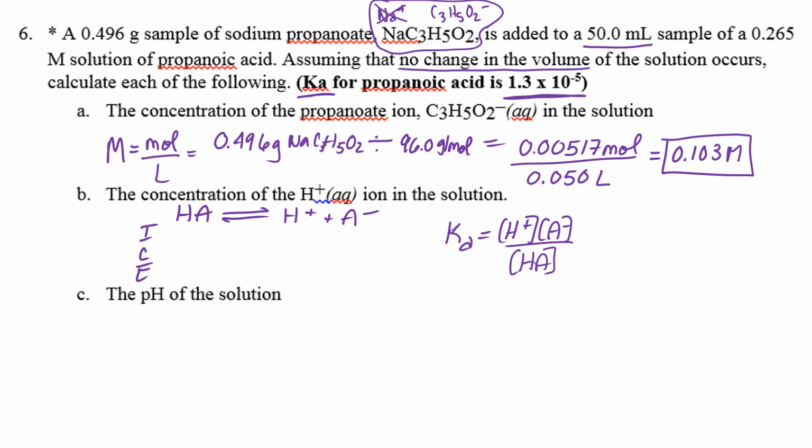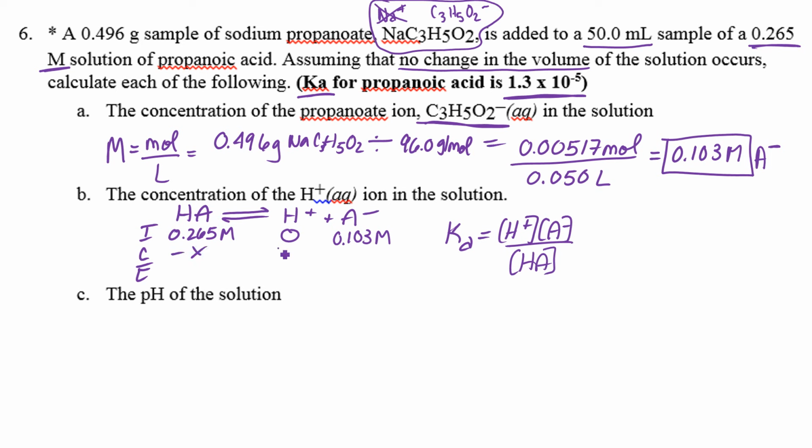So it looks like we just calculated something up here. We just calculated the molarity of the propanoate ion. So that's the thing I'm calling A minus down here. Okay, so it looks like we have 0.103 molar A minus. Doesn't mention anything about hydrogen, so we're assuming that's 0. And then HA, if you look back up here, our propanoic acid, is 0.265 molar.